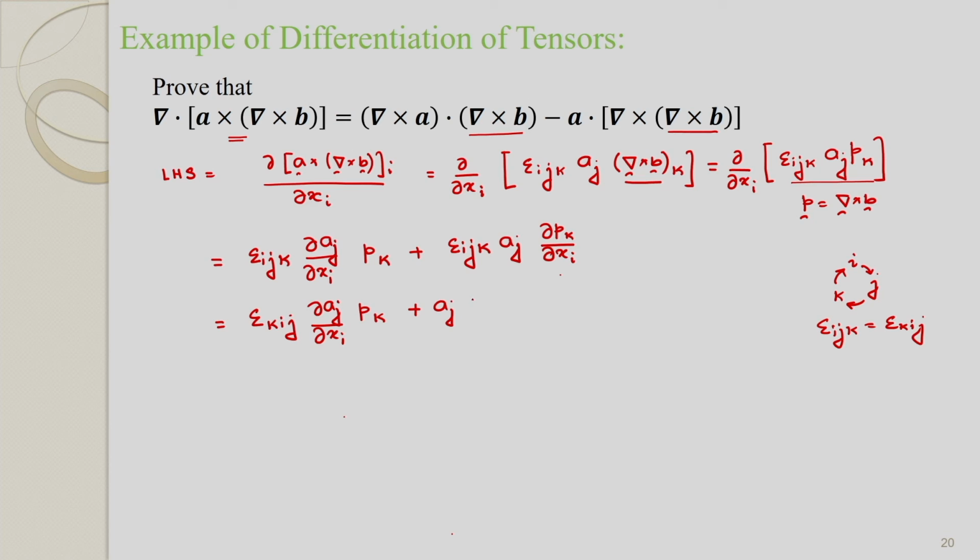Also here we can write epsilon j k I. So this is the same as epsilon j k I. Now if you see, this we can write as curl of A k using the indicial notation of curl, and here if we write epsilon j I k, then that is in the opposite sense. So one negative sign will come.